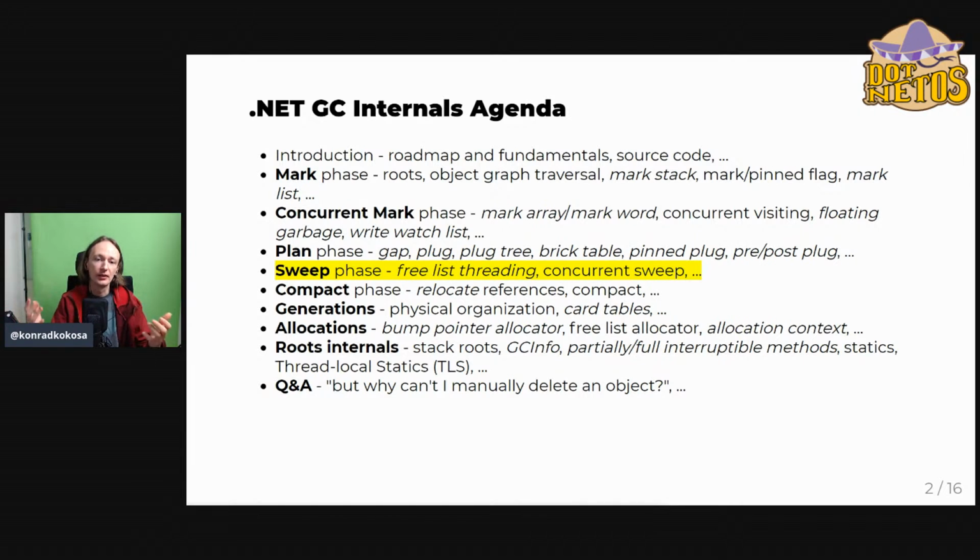We have this decision whether it will be the sweep phase or maybe we do compacting, and those are the two main ways we can do it. Today we cover the sweep phase. This webinar may be a little bit shorter because this is not rocket science and the sweep phase is pretty easy, although there are some interesting things to point out, so you will see.